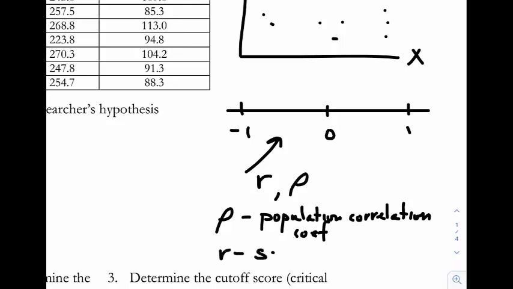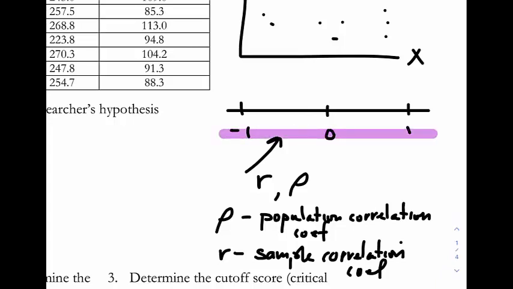And then R is the sample correlation coefficient. And the idea is that they all live in this realm here between -1 and +1.